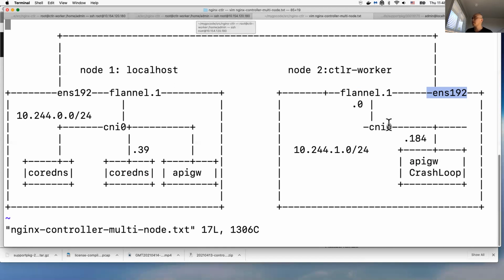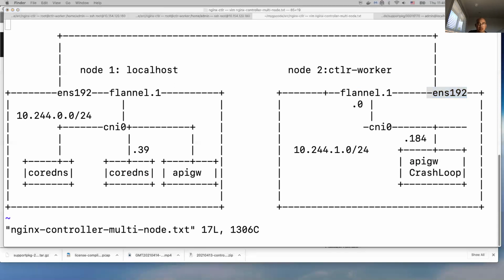So actually, to save time, I already have the capture here, and I can show you.